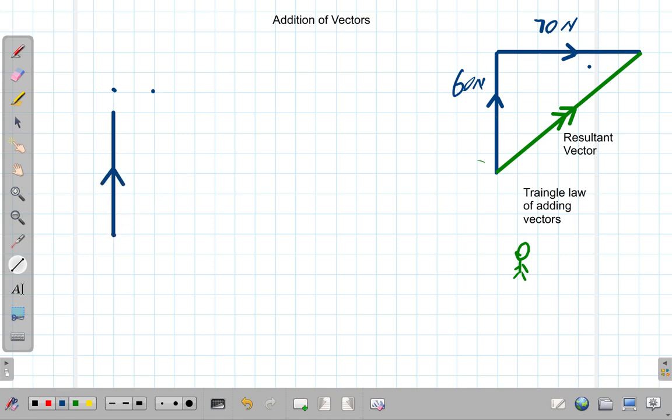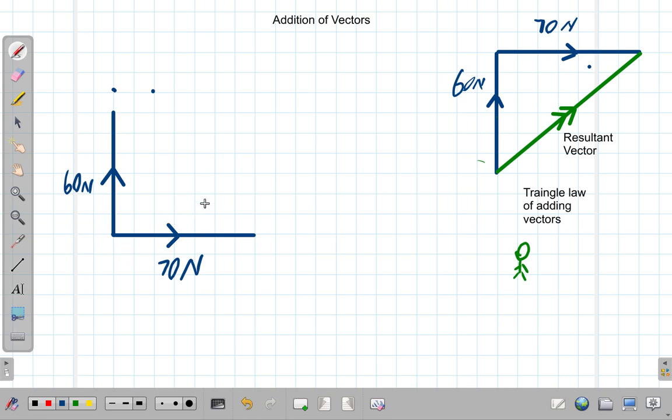First of all, this is the 60 newtons, alright? So let me label it. Then the 70 newtons going this way, 1, 2, 3, 4, 5, 6, 7. So that's our 70 Newton vector.